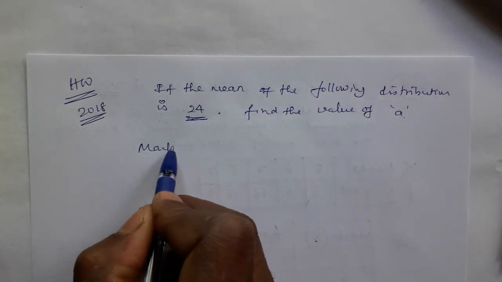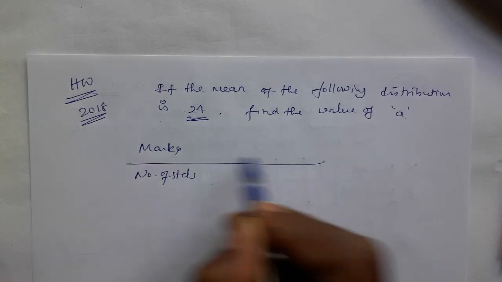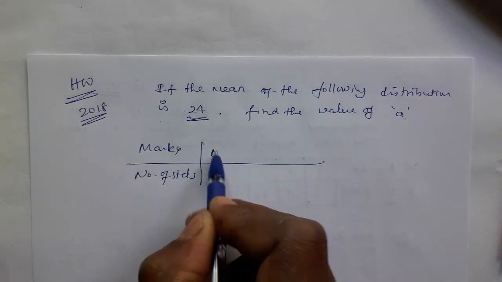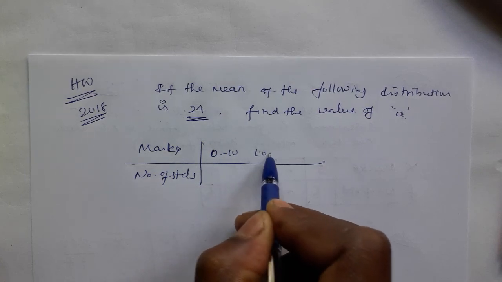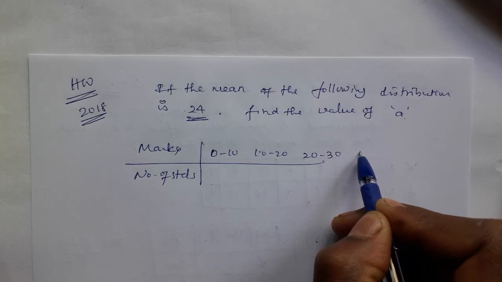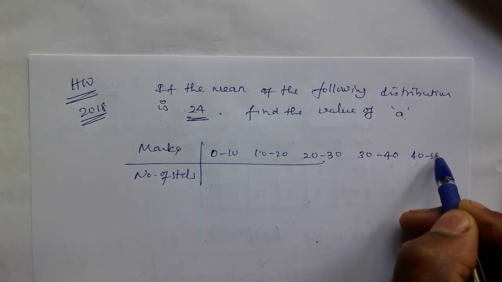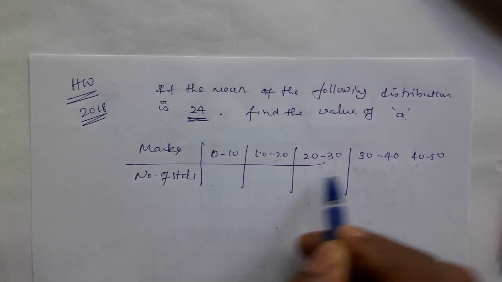The first row is marks, and the second row is number of students. 0 to 10, 10 to 20: here what is given is class interval. You have to convert it to the mid value x. There are 5 columns.